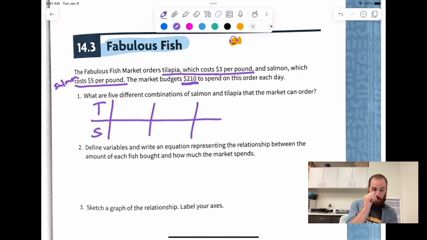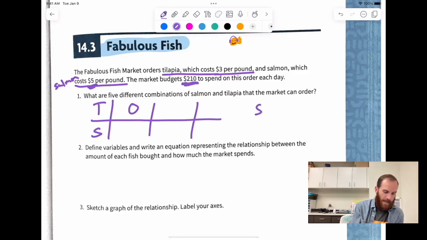I want to be able to show you all the work. Okay, so let's say I ordered 0 tilapia. The salmon costs $5 per pound, and we get 210. So salmon times 5 needs to equal 210 because we have 0 tilapia.